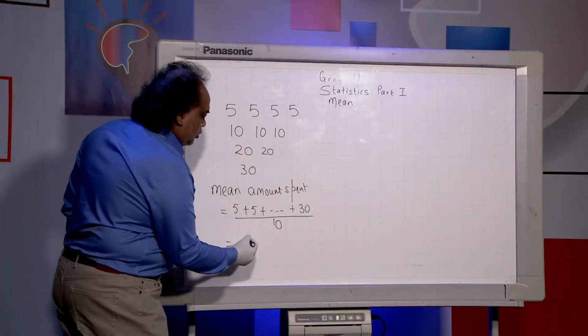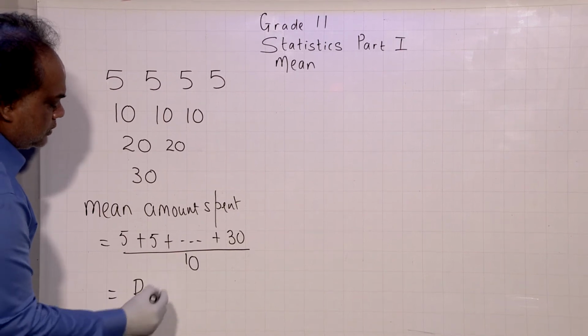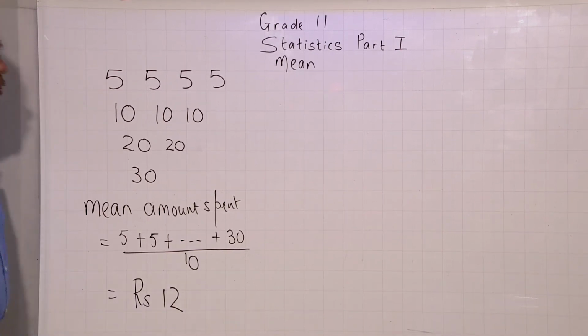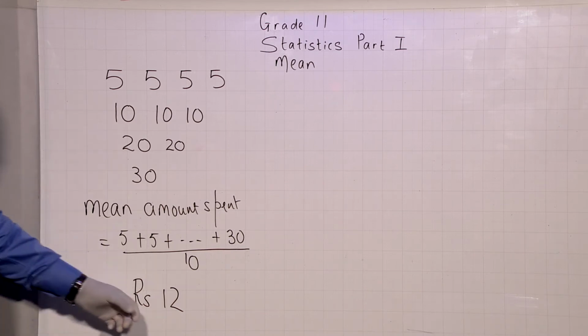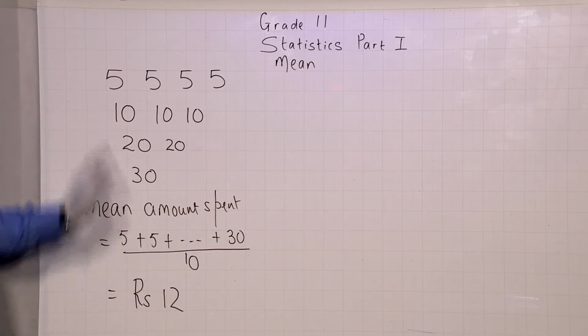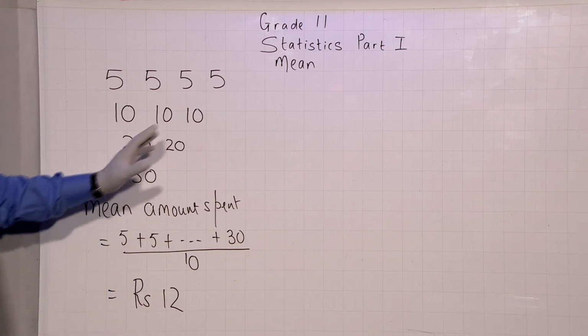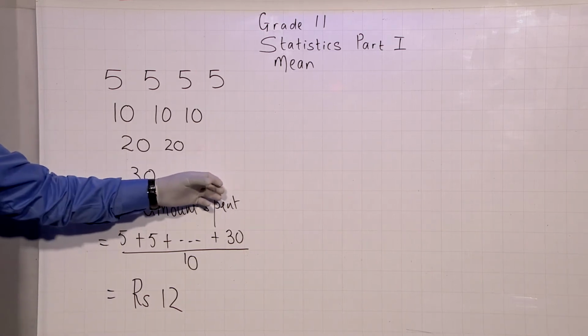And the answer is, of course, 12 rupees. So the average amount that the student would spend during lunchtime will be 12 rupees. This is a formula that you must have studied at primary level.